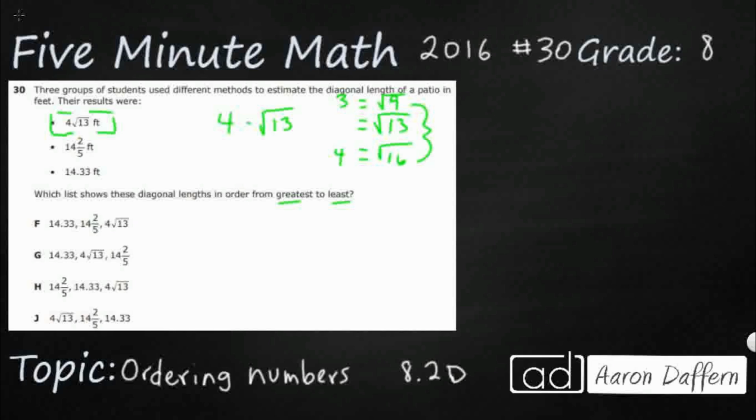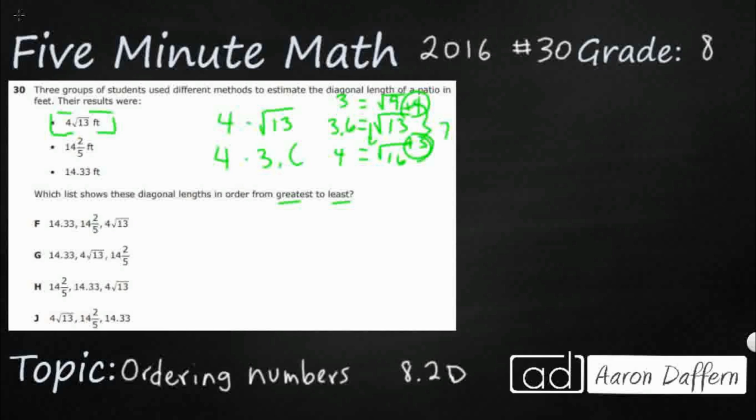This is a range of 7, and 13 is 4 away from 9 and 3 away from 16, so it's pretty close to the middle, but it's actually a little bit closer to the 4. So I'm going to call it 3.6. Close enough.